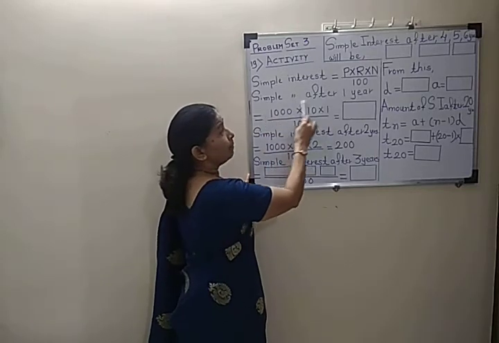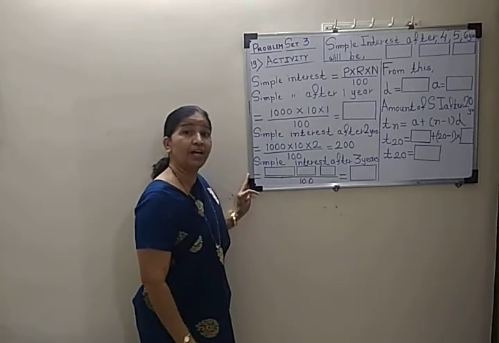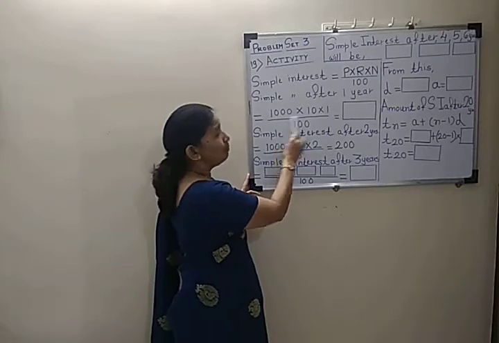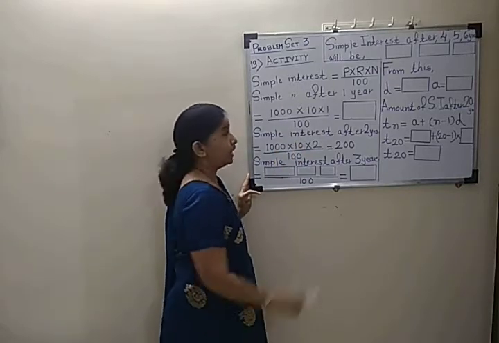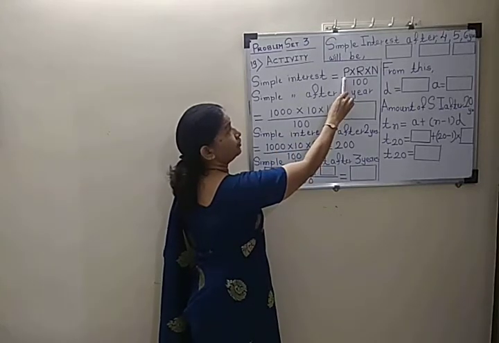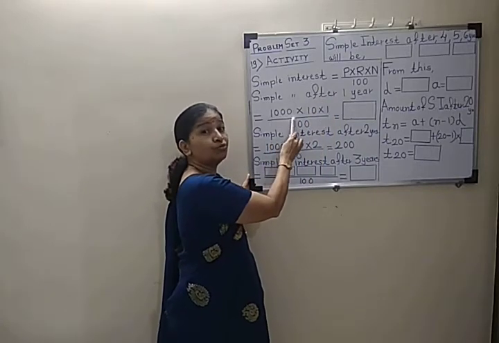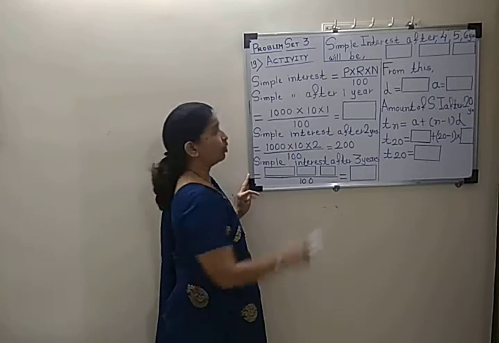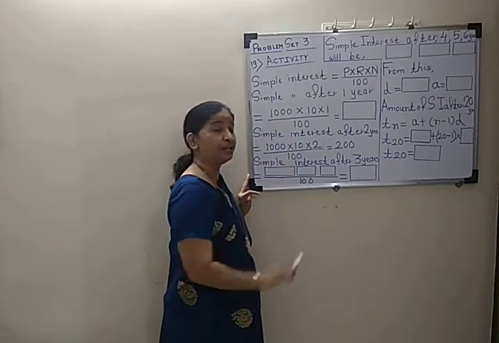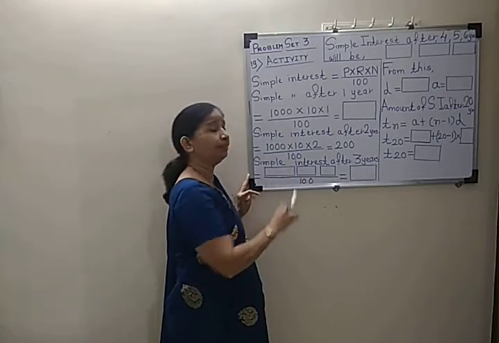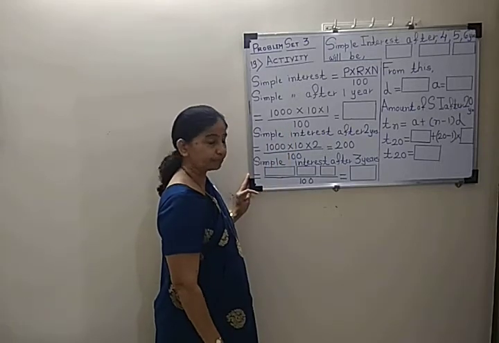So, simple interest after 1 year. How will we complete the activity? In place of principal, I substituted 1000 rupees because they have given principal as 1000 rupees.